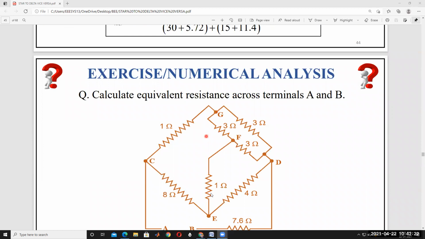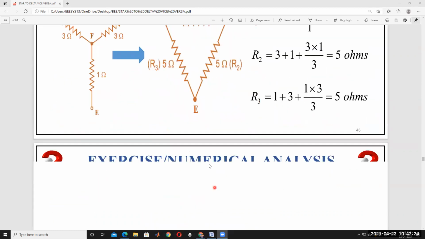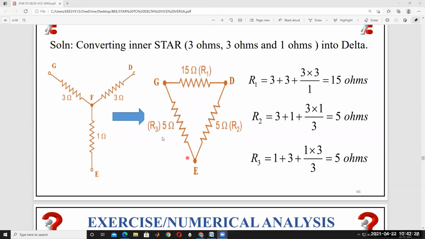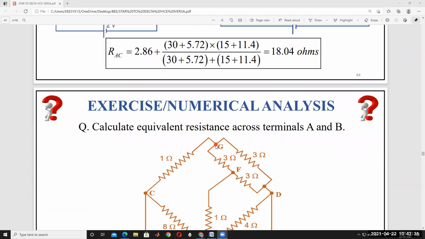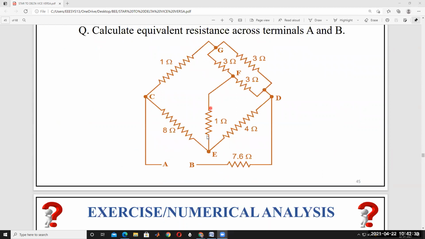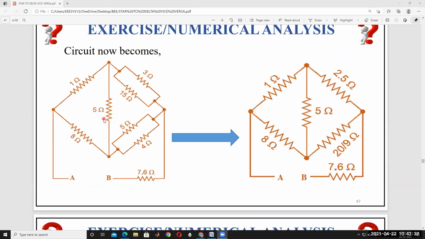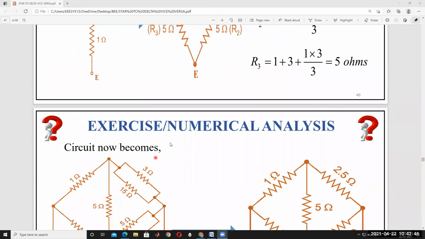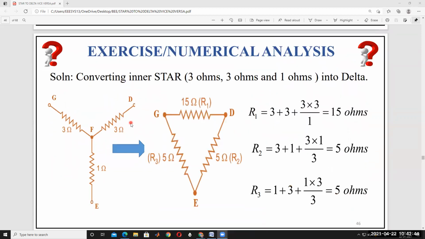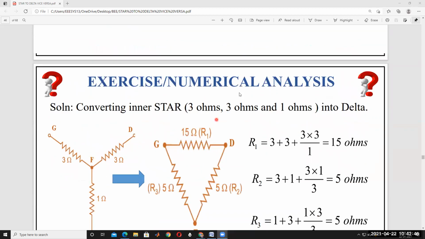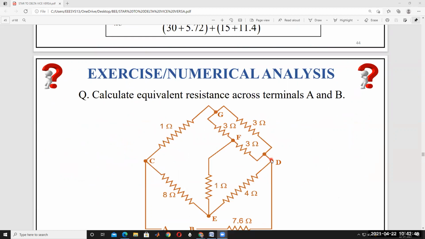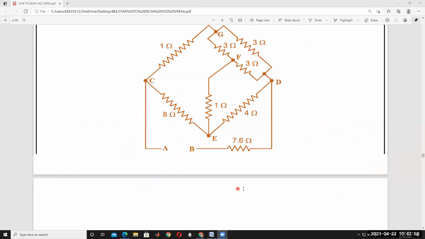And between G and E, what is the resistance? G and E, that is R3, a 5 ohm resistor. So R3 is equal to 5 ohms, connect a 5 ohm resistor in between G and E. Similarly, another resistor in between D and E. What is the resistance at D and E?